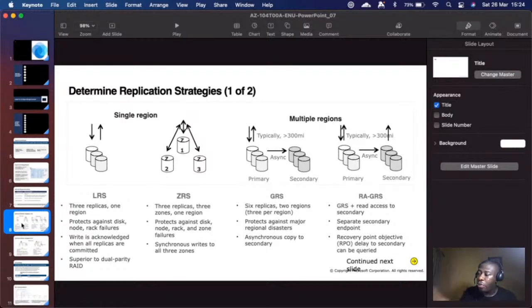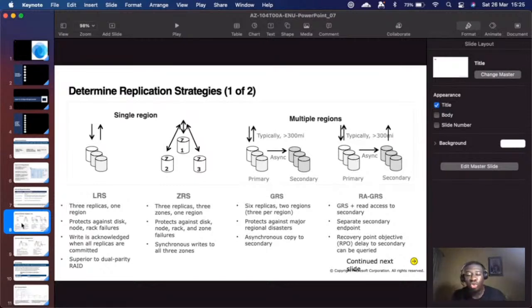So here you are protecting against major regional disasters, with asynchronous copy to the secondary storage. That means, for instance, I'm just taking a wild guess, like the power is out in the whole region, let's say the whole of East US, which affected all the data centers in East US.